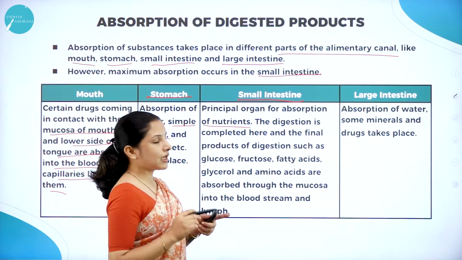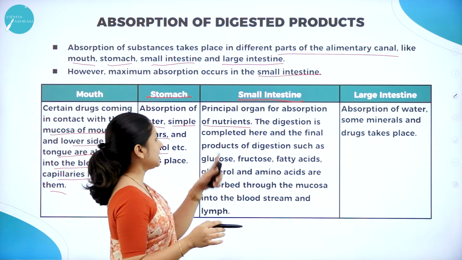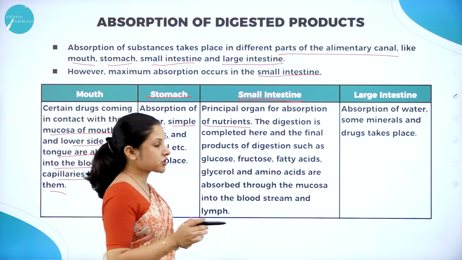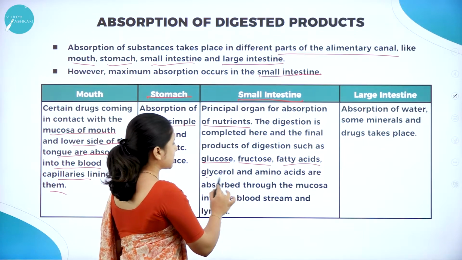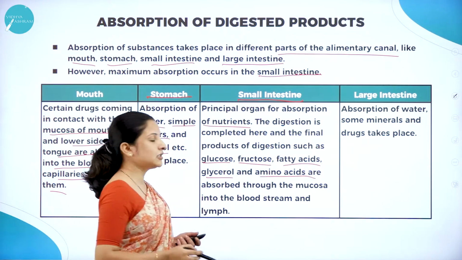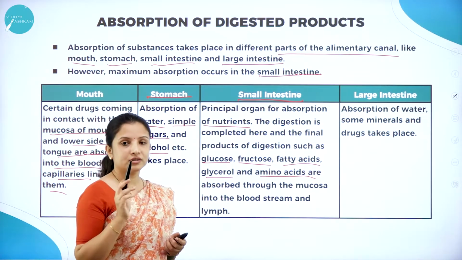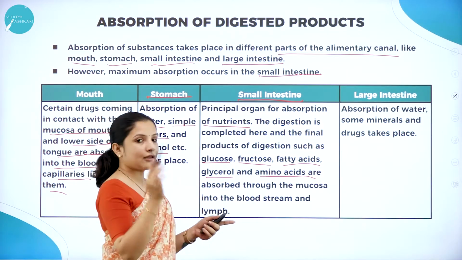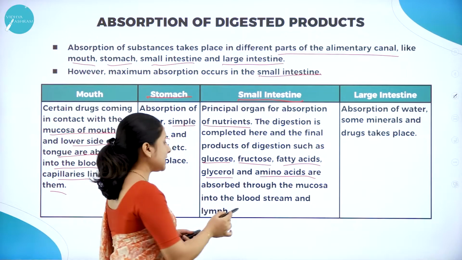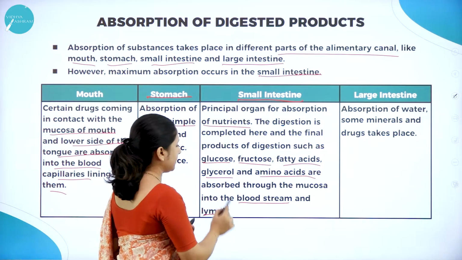So the digestion is completed in the small intestine, and the final products of digestion such as glucose, fructose, fatty acids, glycerol and amino acids are absorbed by the mucosal membrane present in the small intestine, and from the mucosal membrane they enter into the bloodstream and the lymph.